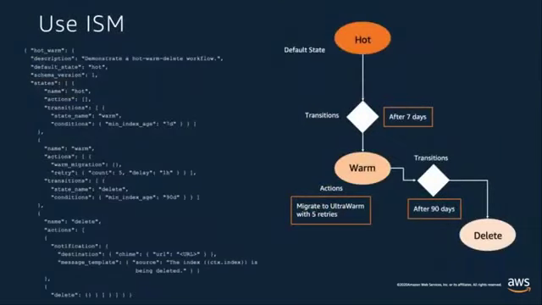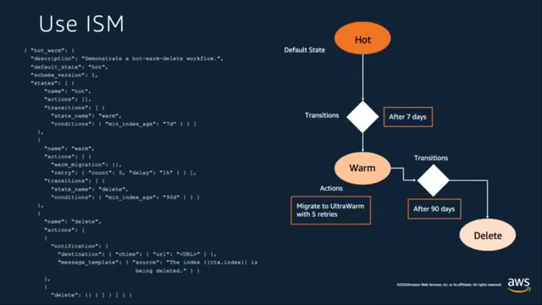In Amazon Elasticsearch Service, we have an index state management facility that allows you to specify different states that your index is going to live in and move that index across the life cycle that I just talked about. So you create a JSON policy that you're going to apply to the index.